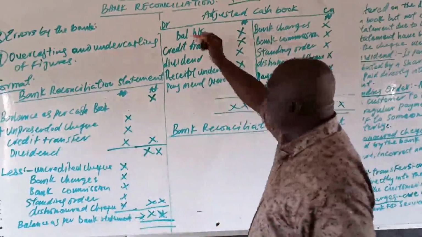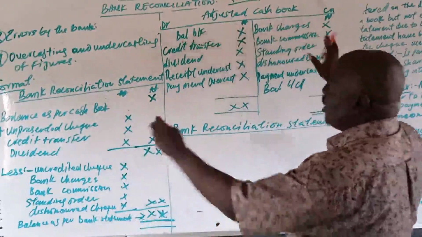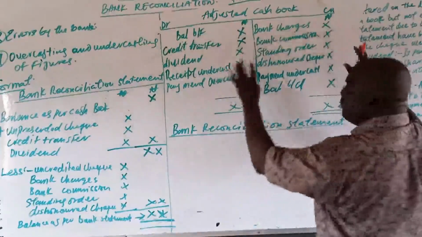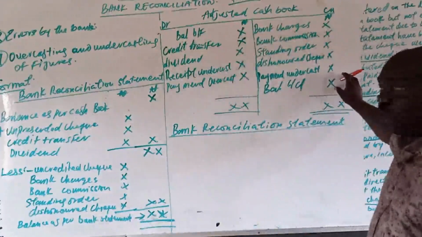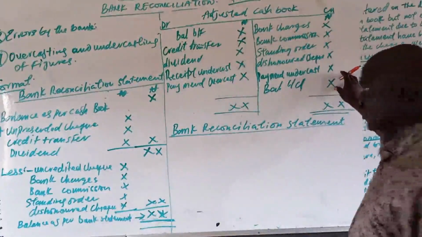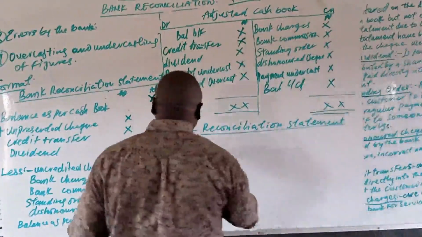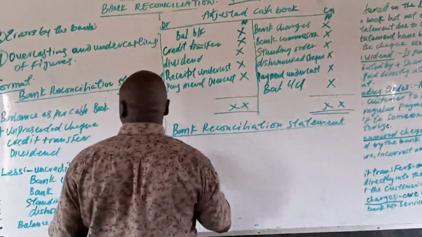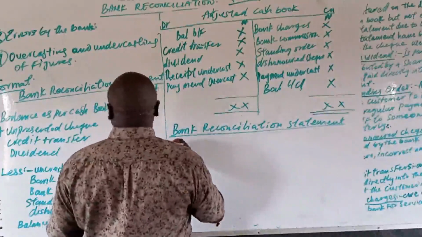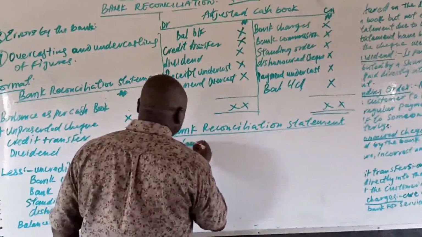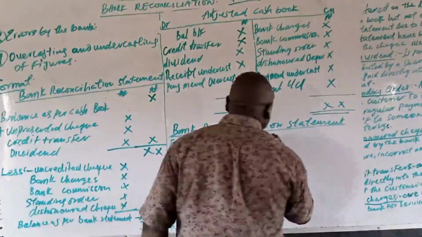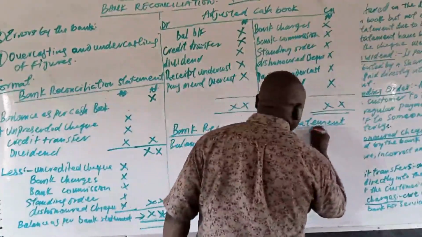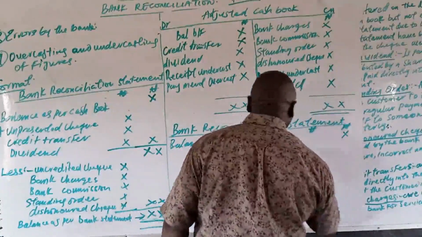Because we have treated all those that were not written in the cash book, we have written them back to the cash book, and we are able to determine a new cash book balance, which will now be carried down to the bank reconciliation statement. And we'll start from balance as per cash book.